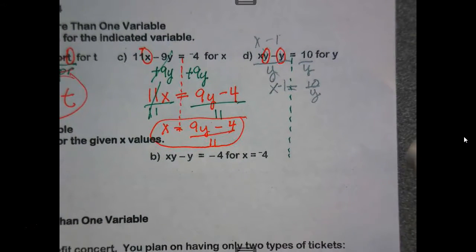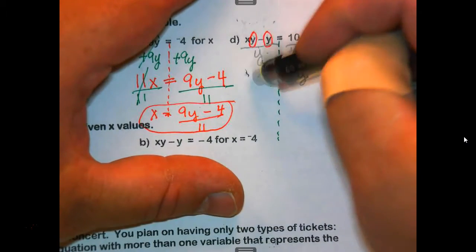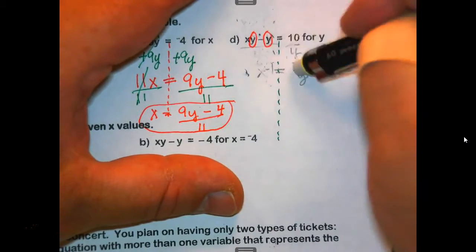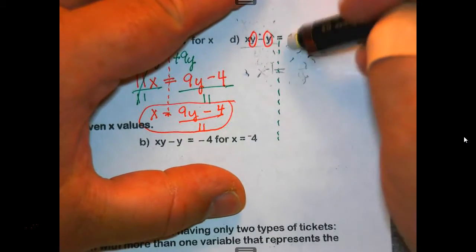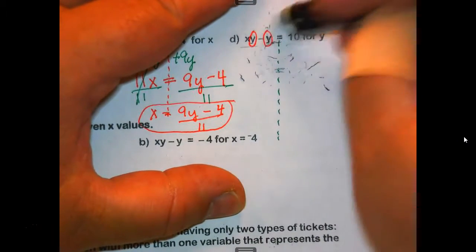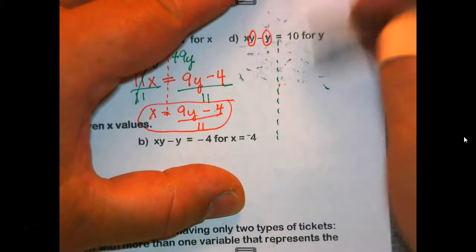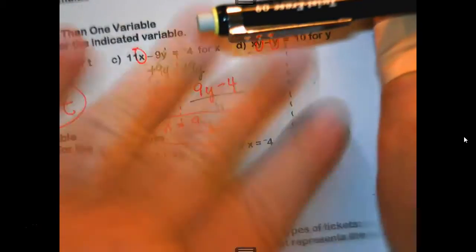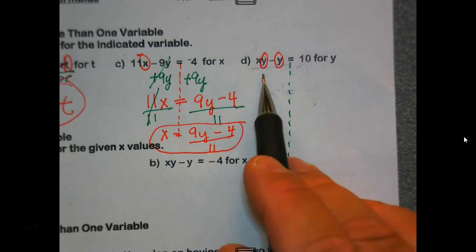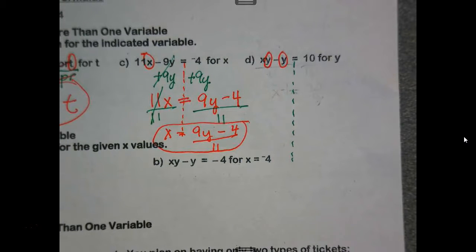The thing is, this is on your first quiz, and I'd say more than half of you are going to, A, skip it, or B, forget that you have to get the y in one term first. So, how do I get xy minus y to one term?